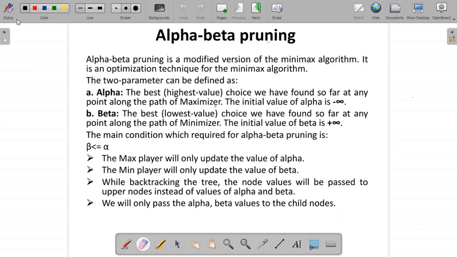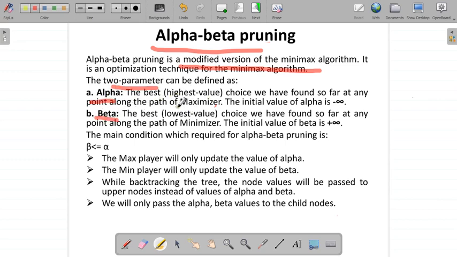Today we are going to see the next important topic in artificial intelligence, alpha beta pruning. So what is alpha beta pruning? It is the modified version of min-max algorithm. The two important parameters of alpha beta pruning are alpha and beta.